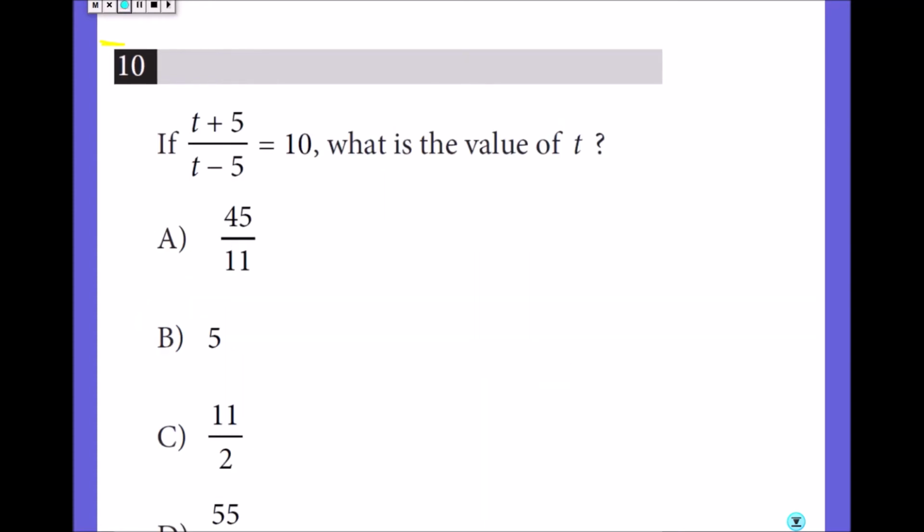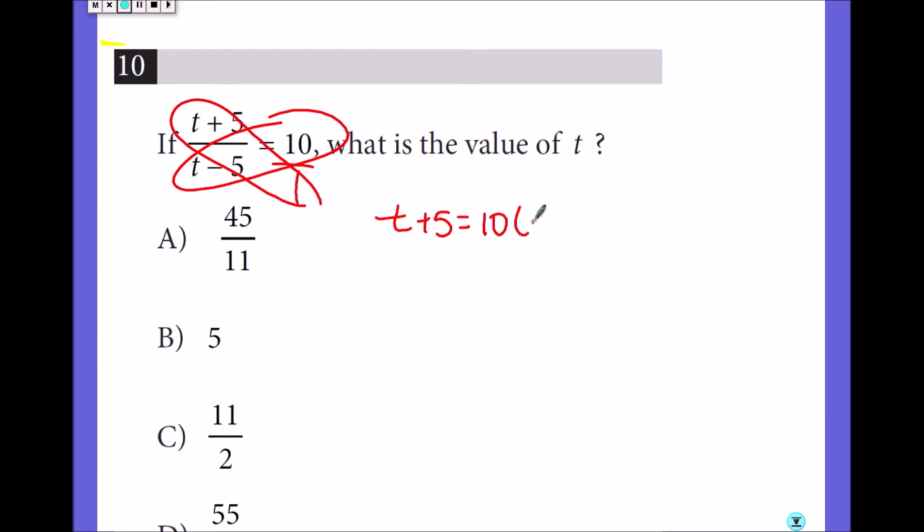10. If t plus 5 divided by t minus 5 equals 10, what is the value of t? Cross multiply. So t plus 5 equals 10 times t minus 5. So t plus 5 equals 10t when you distribute it, minus 50.